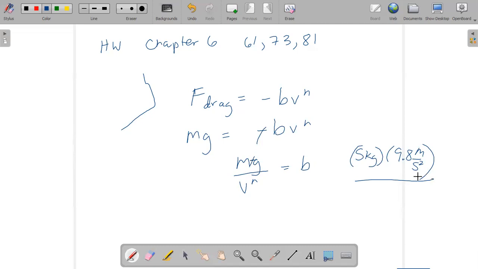V is 50 meters per second, right? 50 meters per second, and then our n was 2.5. So our coefficient of drag is going to be 0.00277. And that is 61.